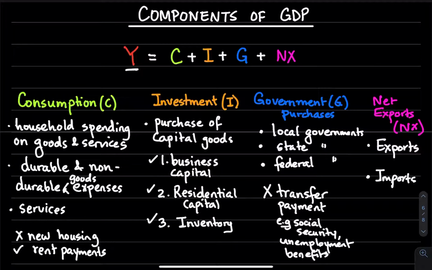And that is the reason why net exports is defined as X minus M, where X is exports and M is imports, and we're subtracting off that component which is not produced here from GDP accounting.